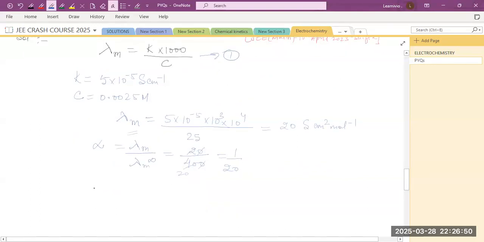So the formula for dissociation constant is concentration into alpha square upon 1 minus alpha. What is the concentration here? 0.0025 into the alpha value, 1 upon 20, whole square, upon 1 minus 1 upon 20. Now calculate this and tell me the answer, the value of the dissociation constant.